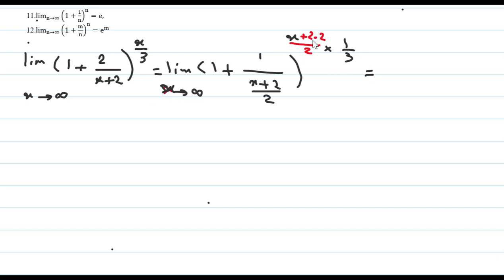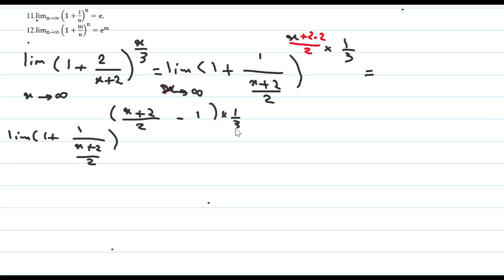Now I can separate this and write the limit of 1 plus 1 over (x plus 2)/2, and here (x plus 2)/2 minus 2/2, which is 1, and both are multiplied by 1 over 3, as x approaches infinity.